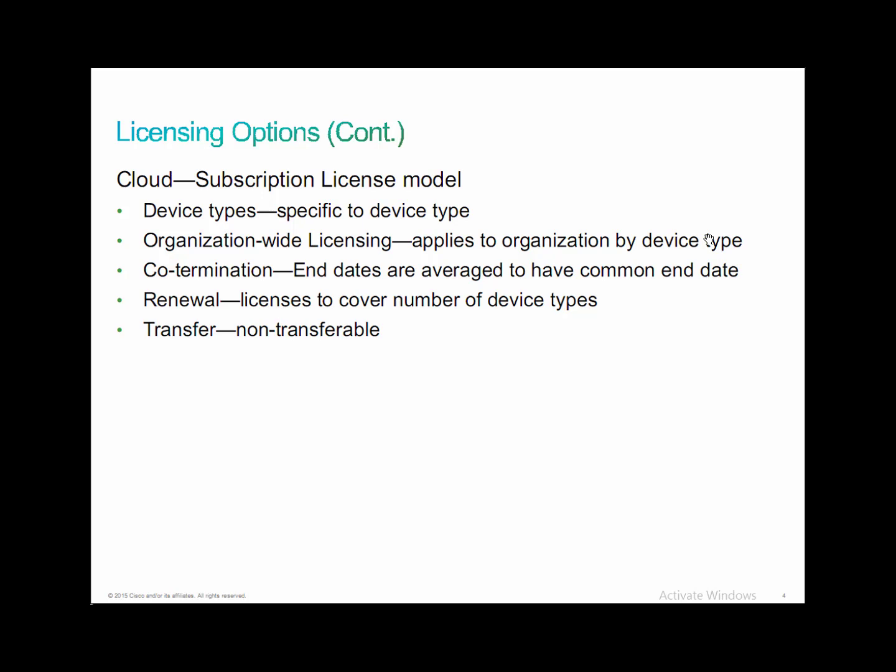So it's not a generic license for the cloud-based solution. You actually purchase a license for a specific physical device. The M is the Meraki indication, and an X would indicate that it's a security appliance.